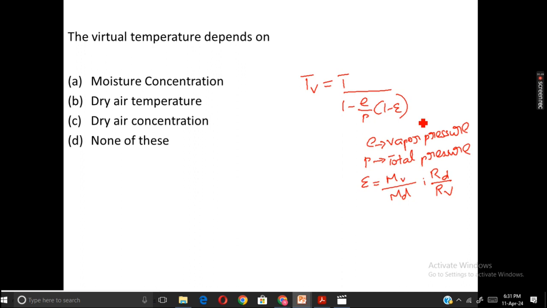Okay. So now the question is, what does the virtual temperature actually depend on? From the equation we can see it depends on the dry air temperature, which is the actual temperature, capital T. And does it depend on any other of these parameters?